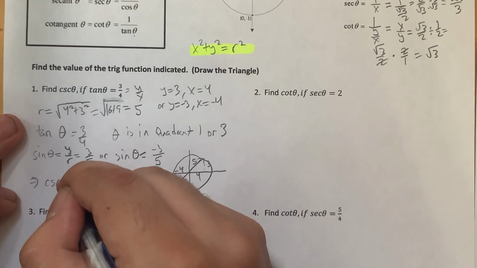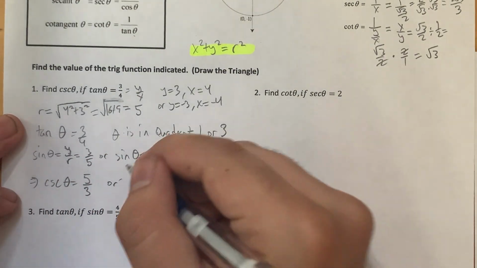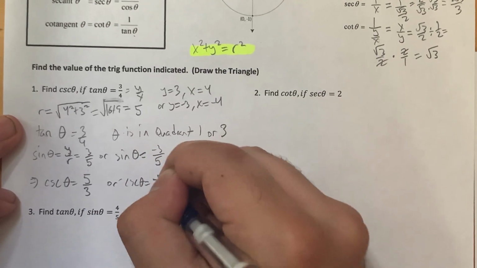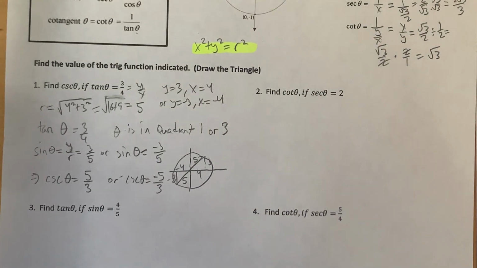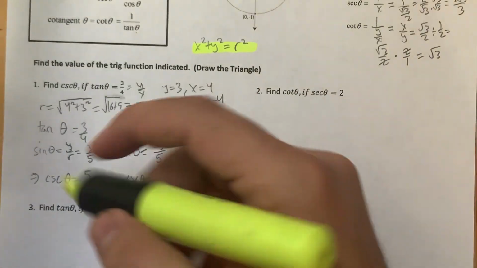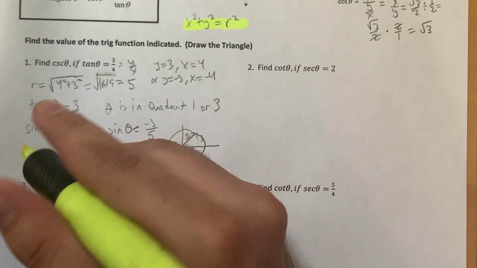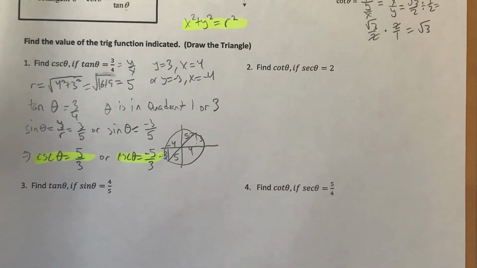So cosecant theta equals 5/3. Flip that one. Or cosecant theta equals -5/3. Doesn't matter where you leave the negative. You can leave it with a 3. I just brought it back up because it's more proper. Right? Those are my 2 answers.